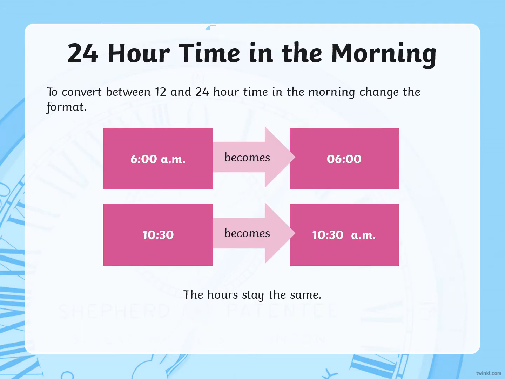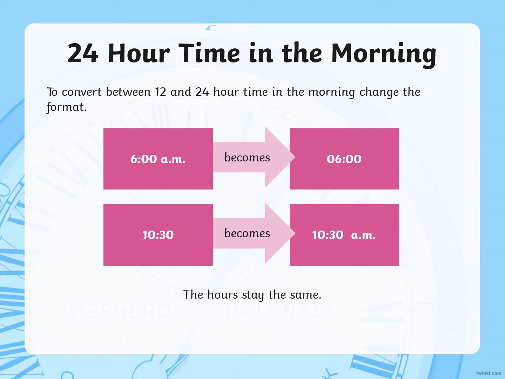24-hour time in the morning. To convert between 12 and 24-hour time in the morning, change the format. 6 AM becomes 0600. 10:30 becomes 10:30 AM.